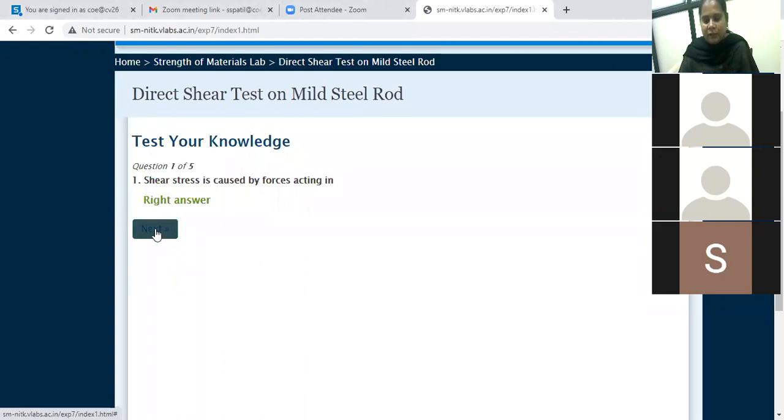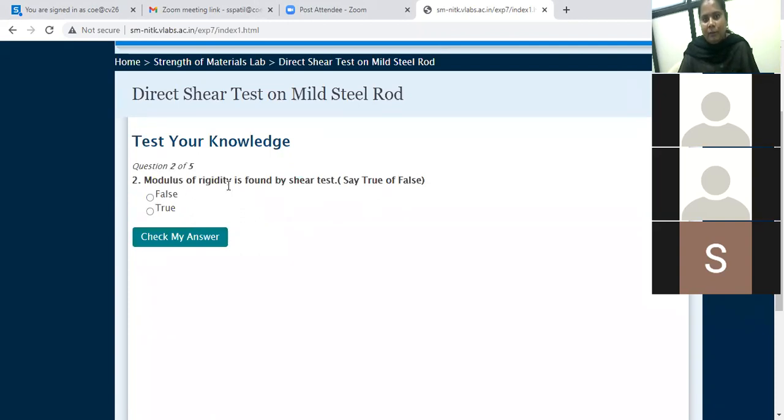Next, we will move towards the next question. Modulus of rigidity is found by the shear test. True or false?